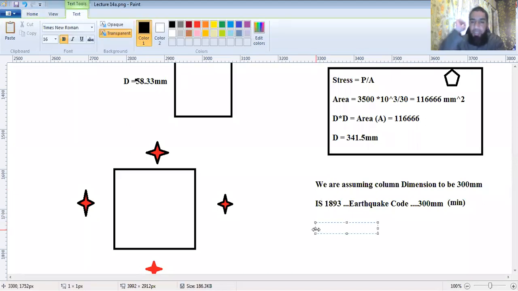Now thereby, whenever you go for a design, how much is 300 mm in inch and feet?